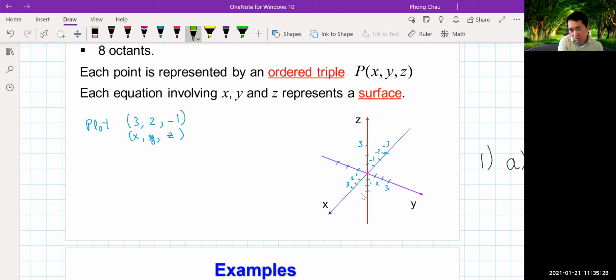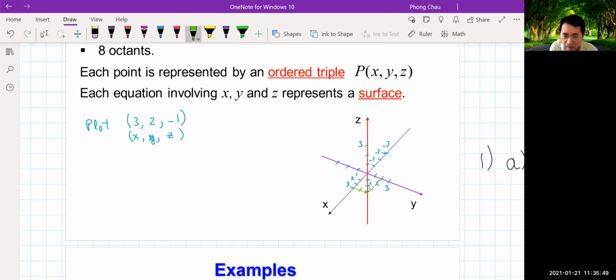So we go in the y direction here. Let me draw it this way so you can see. So this is in the plane. We're going to go 1, 2. So it's going to be somewhere over here. It's not on the z-axis, by the way.